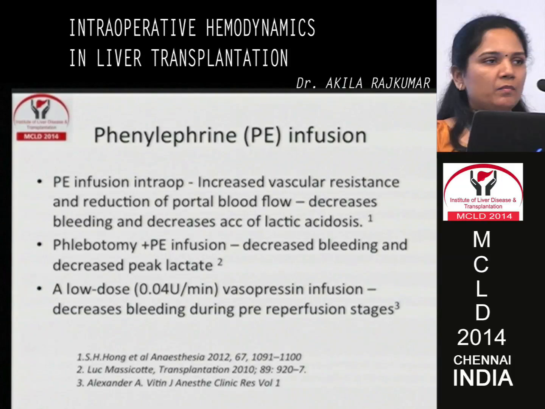Therefore, your bleeding is decreased and the progression of lactic acidosis is also hindered. The same group, Massicotte et al., the Canadian group, tried a low CVP approach with a phenylephrine infusion. Phlebotomy and a phenylephrine infusion significantly decreased the bleeding rates. In fact, in their group, the transfusion rates were close to 0.4 units of packed cells per patient, which is very good.